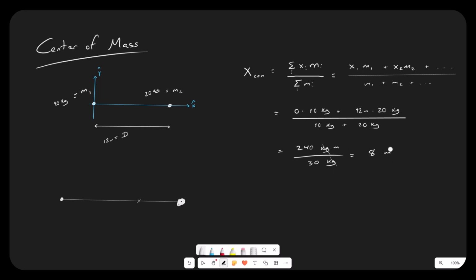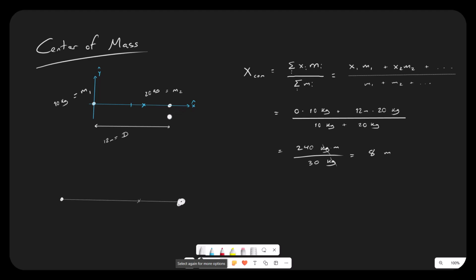Kilograms and kilograms drop and I'm left with 8 meters. This whole distance is 12 meters, that puts me, this would be 6, so that puts me here, about 2/3 of the way down the line. Which makes sense because 2/3 of my mass is down at the far end. That's how I'm finding center of mass.